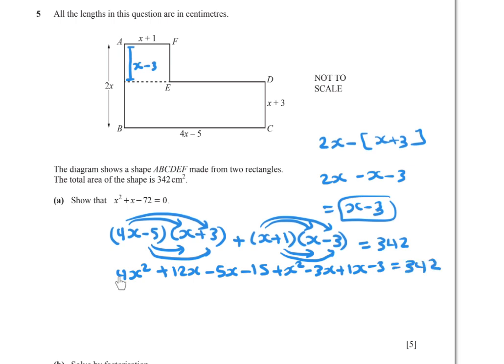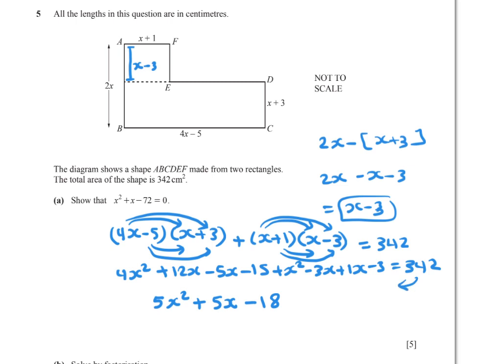Combine the like terms, 4x squared and 1x squared, so 5x squared, 12x minus 5x, 7x, 7x minus 3x, 4x, 4x plus 1x, 5x, so that's 5x. Now for the numbers, negative 15 and negative 3, negative 18, so negative 18.